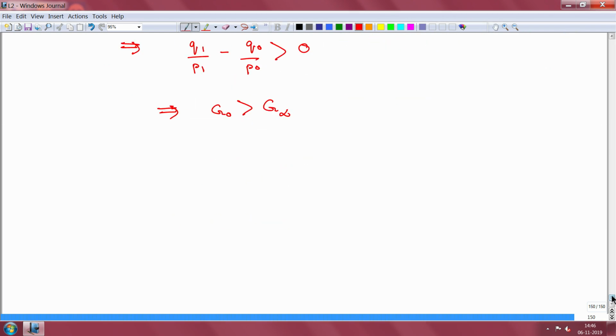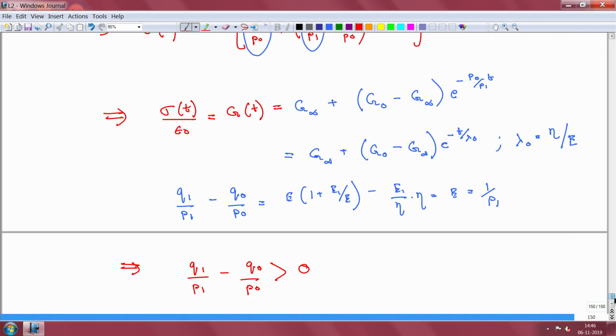So, if you wanted to plot this curve, what would it look like? It would be some exponential function, some constant, plus an exponential decay will be there, but the exponential decay will not go down to 0, because you always have this constant g infinity that will be left.